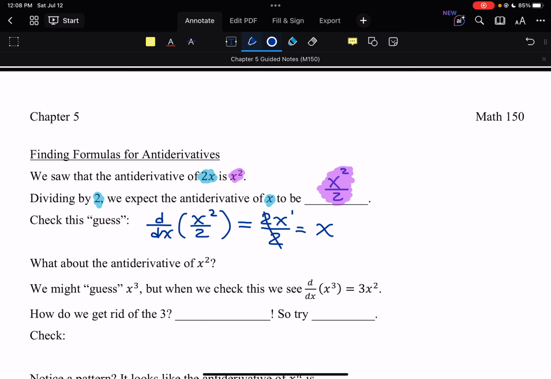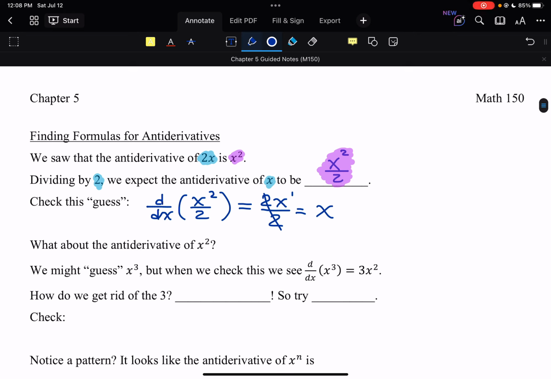So what if we step this up? What if we increase the power? So what about the antiderivative of x squared? If we took just a cursory guess, if you think about how we take derivatives, when we apply the power rule, for example, if I took the derivative of x to the 5th, I would bring down the 5, and I would be left with 5x to the 4th.